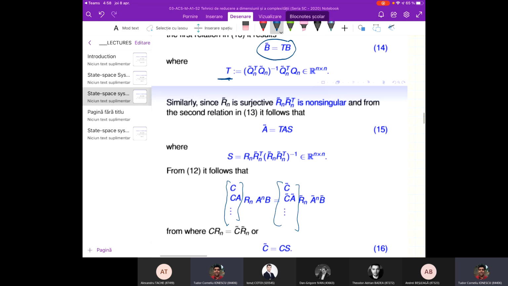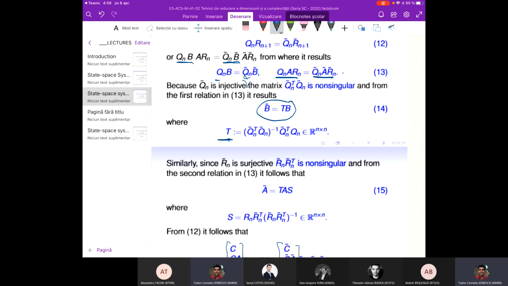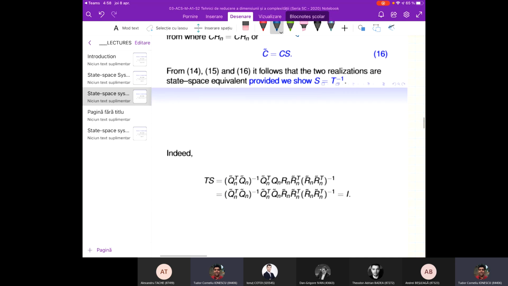Okay, so we managed to get a coordinate transformation and explain how it works, but you get one based on the first relation in 13, and the other one you get based on the second relation of 13. Now, the trick resides in proving that both coordinate transformations are actually identical.